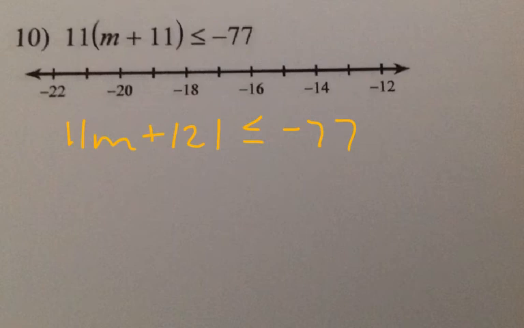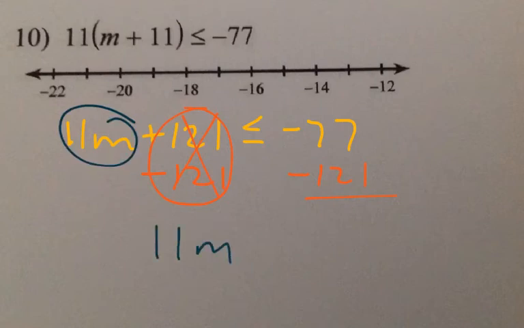I know I can get rid of plus 121 with minus 121, and I'm going to do it to both sides. So again, 121 minus 121 is 0. Notice I'm left with 11m less than or equal to.